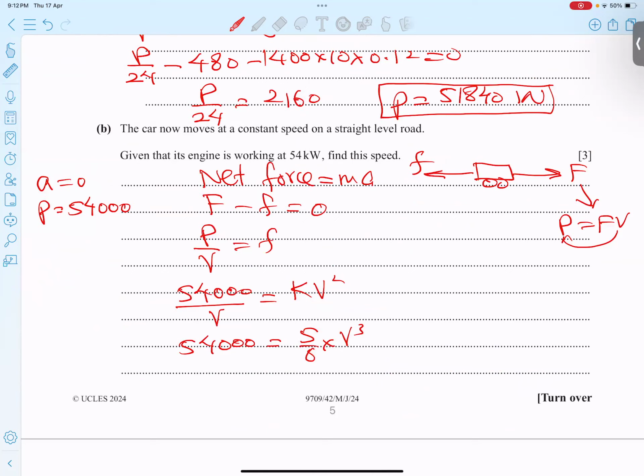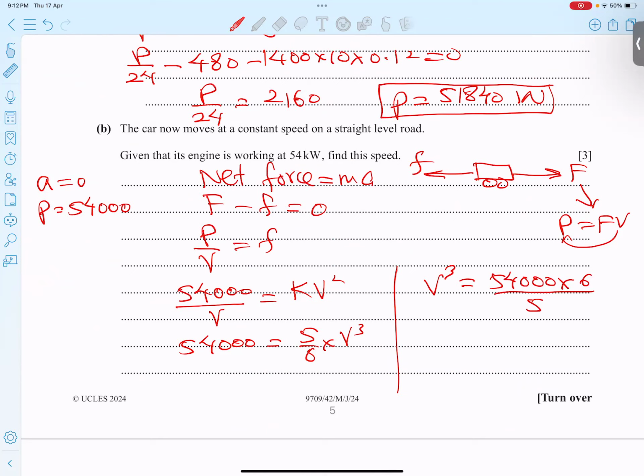And after this, students, I'm going to apply, just a minute, let me check in the calculator. So if I apply, V cube turns out to be 54,000 times 6 over 5.